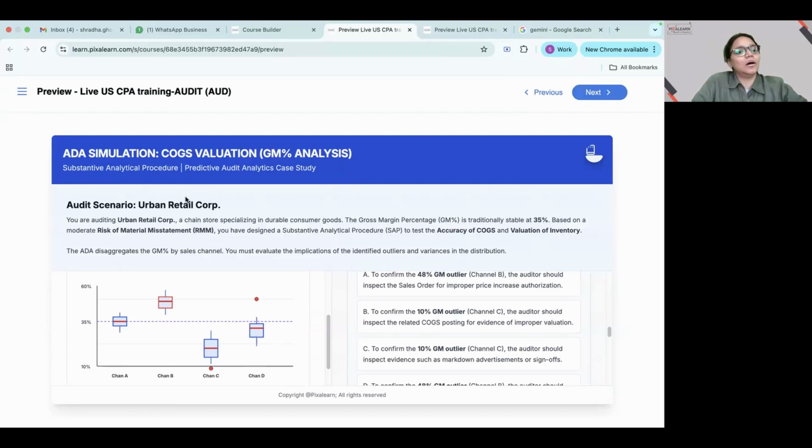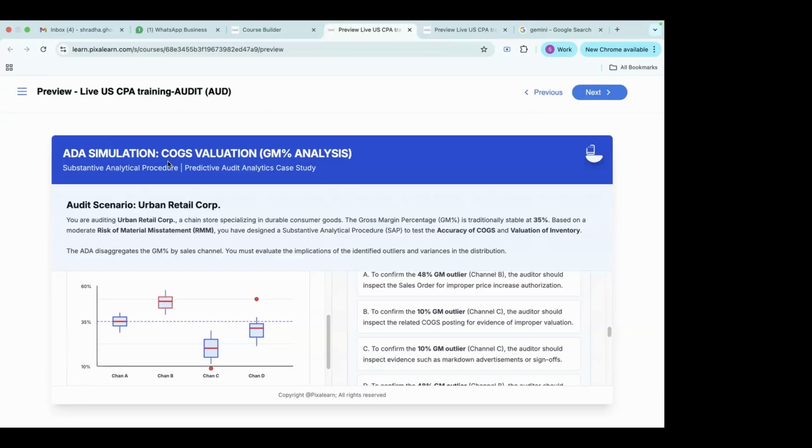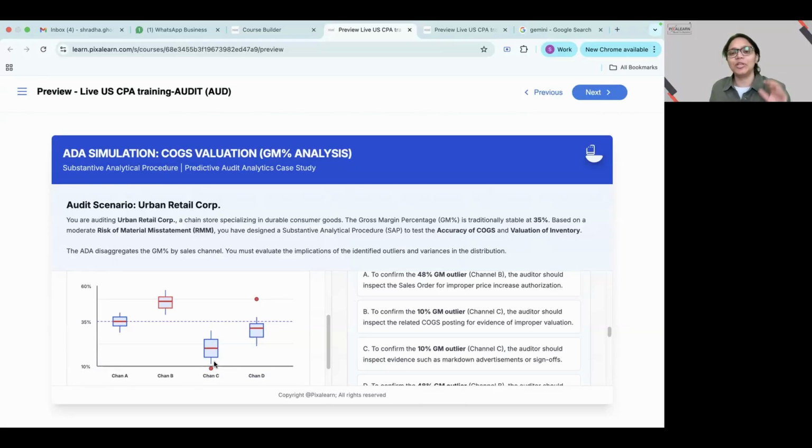Okay? One second. How many of you could not understand what we've discussed? In general, what we are looking at is a... Rashi, unmute yourself. See, suddenly there has been one outlier where the gross margin has been 10%, where ideally, even in this scenario, the average must be somewhere around 17-18%.